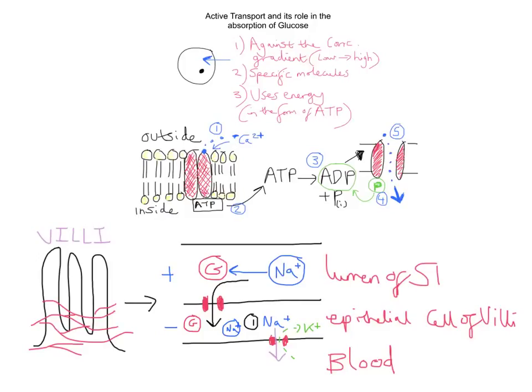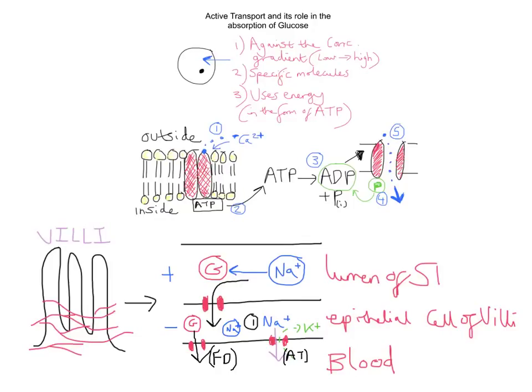Once we've done that, the glucose, via facilitated diffusion using another type of protein carrier, is able to pass from the epithelial cell into the blood. So that's what I put FD for, facilitated diffusion. And with the number 1, it's AT, active transport, that is involved.